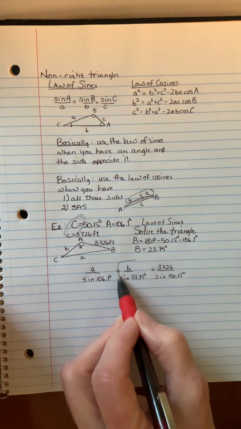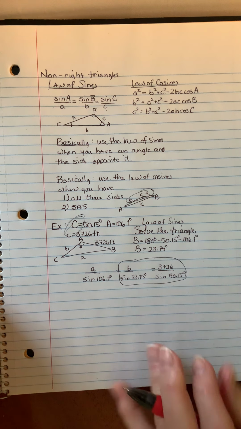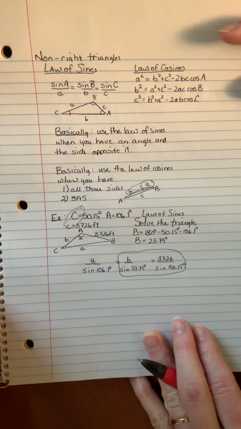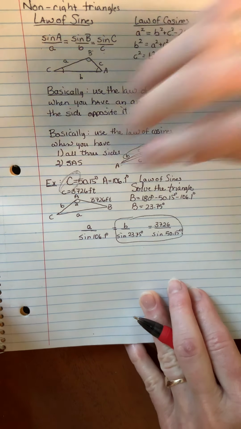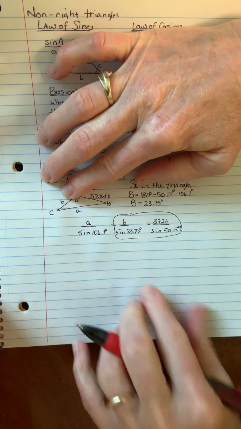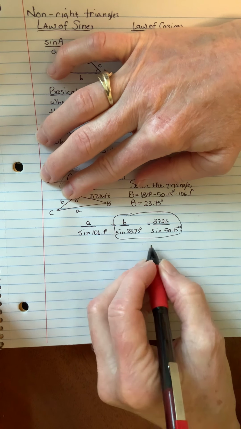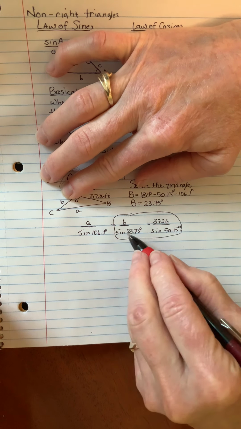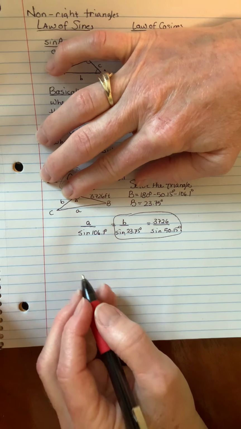So I'm going to start by taking this group. That group has a b that's unknown. So we're going to find out what b is. I'm going to cross multiply and work the problem. Actually, I don't need to cross multiply. I've got b on top, don't I? So let me just multiply both sides by sine of 23.75.